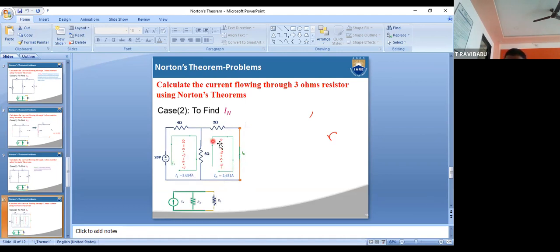So I am applying mesh analysis here. Two meshes will be there. In the first mesh, the direction is clockwise. In the second mesh, also clockwise. The first mesh current is I1, and the second mesh current I am taking as IN. Now apply the equations. Coming to the first one, I am taking the first sign.